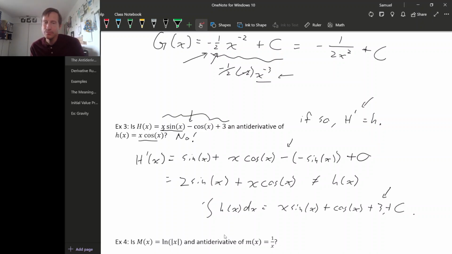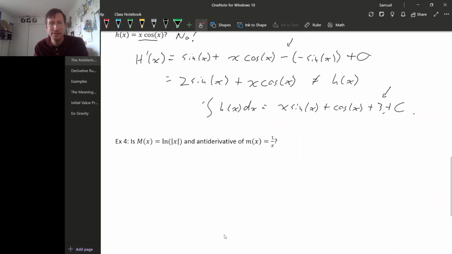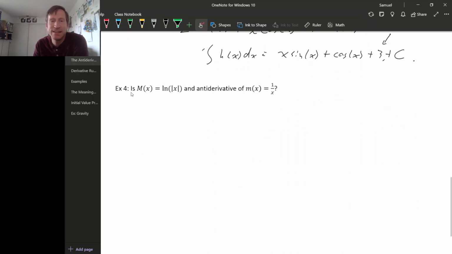Okay. For a final example, let's check, is this function, natural log absolute value of x, an antiderivative of this function, 1 over x? Well, it seems plausible at least, because we know that the derivative with respect to x of natural log x is 1 over x, but this is actually true only for positive x values, and that's because the domain of natural log of x is just positive x values.